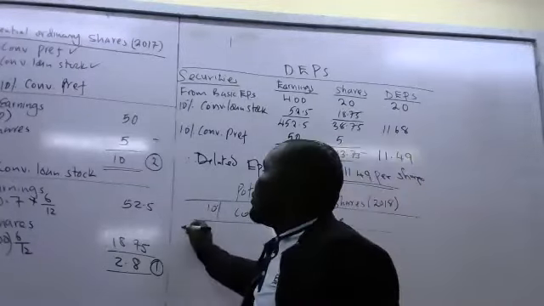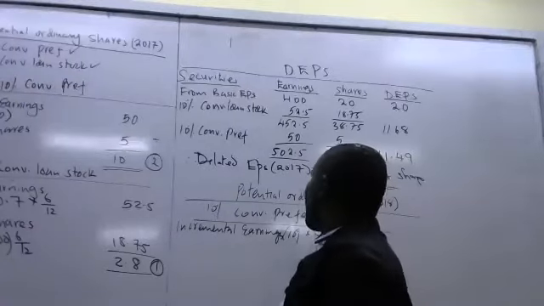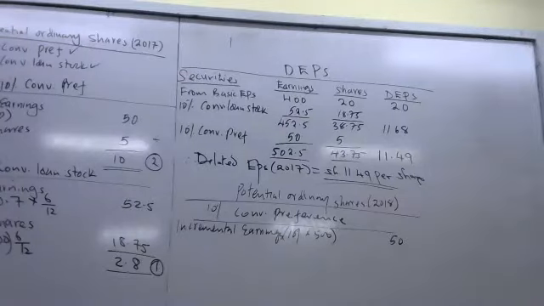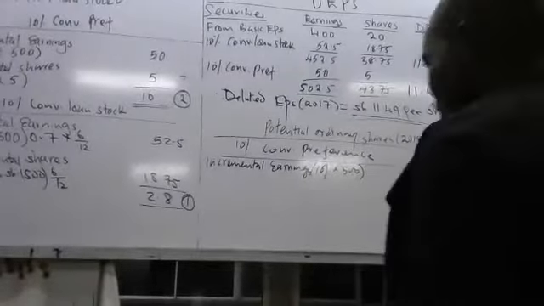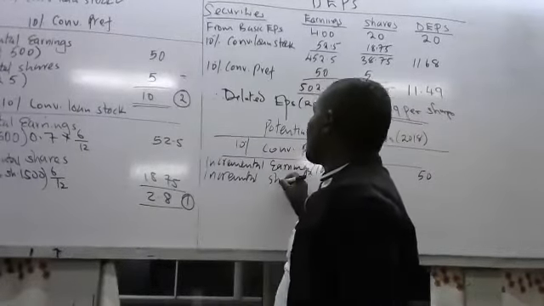So incremental earnings will be 10% of the 500, which is 50. Then incremental shares.